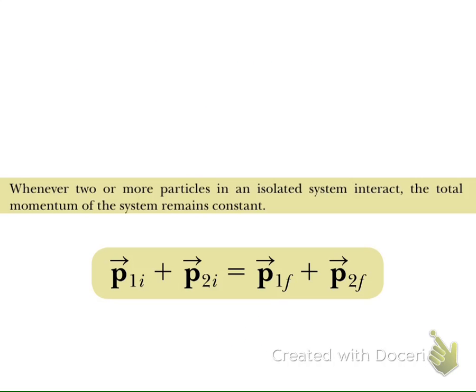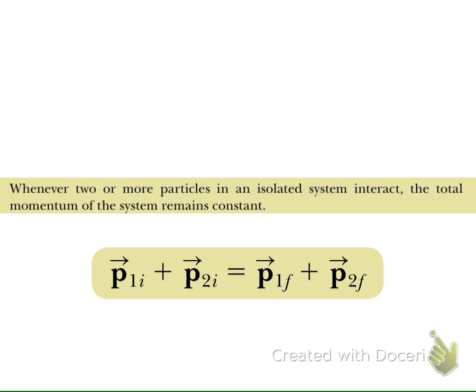We can extend this concept to the system of more than two particles, and that is very easy to confirm. So, the final result is that whenever two or more particles in an isolated system interact, the total momentum of the system remains constant.